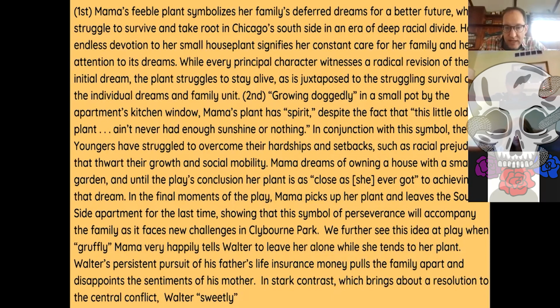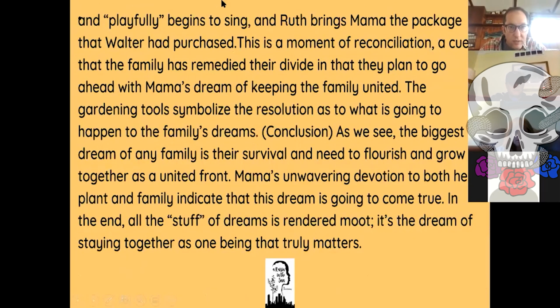We further see this idea at play when gruffly Mama very happily tells Walter to leave her alone while she tends to her plant. Walter's persistent pursuit of his father's life insurance money pulls the family apart and disappoints the sentiments of his mother. In stark contrast, which brings about a resolution to the central conflict, Walter sweetly, "I lost my place here," sweetly and playfully begins to sing, and Ruth brings Mama the package that Walter had purchased.